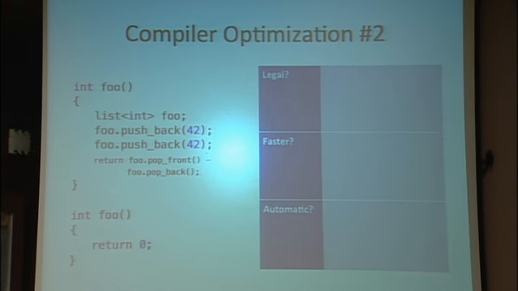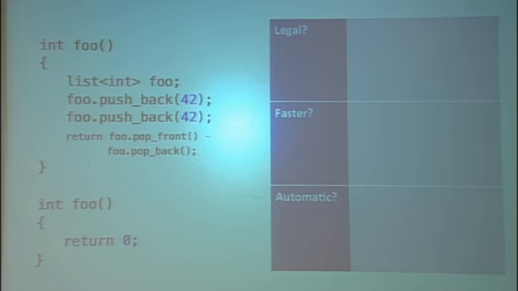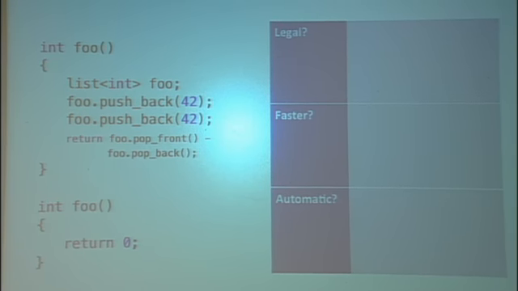So you have a list, and you pushed at the end 42 twice. And then you return the result of popping the front element and then popping the back element subtracted. So first of all, is this a legal optimization as opposed to operation?